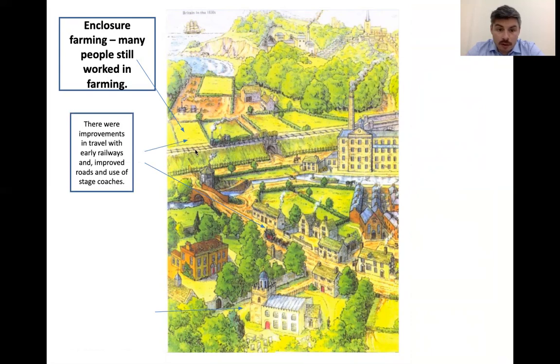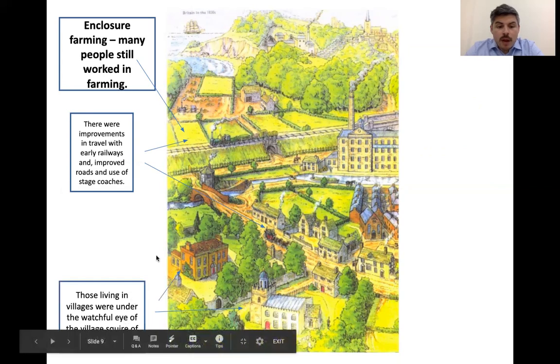Second, if we look at the arrows here, we can see improvements in travel with early railways, so trains are now being used, and improved roads. So the roads are now much better, and they use coaches. A coach is a cart which is pulled on wheels by a horse. So now you can sit in a cart and the horses will pull you, like an early version of a car without the mechanics.